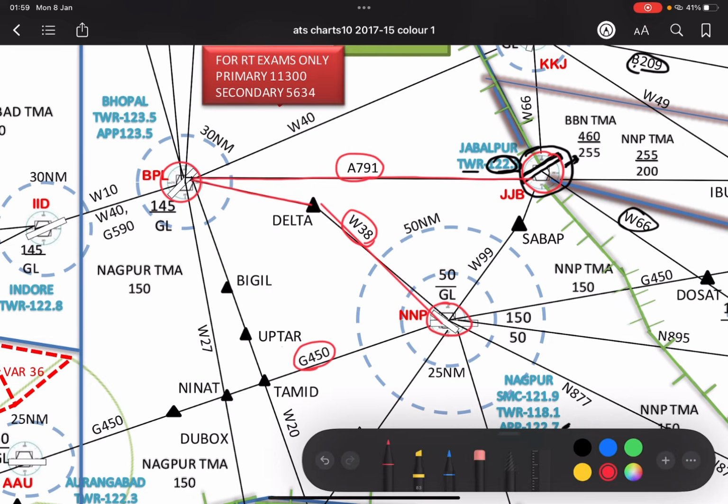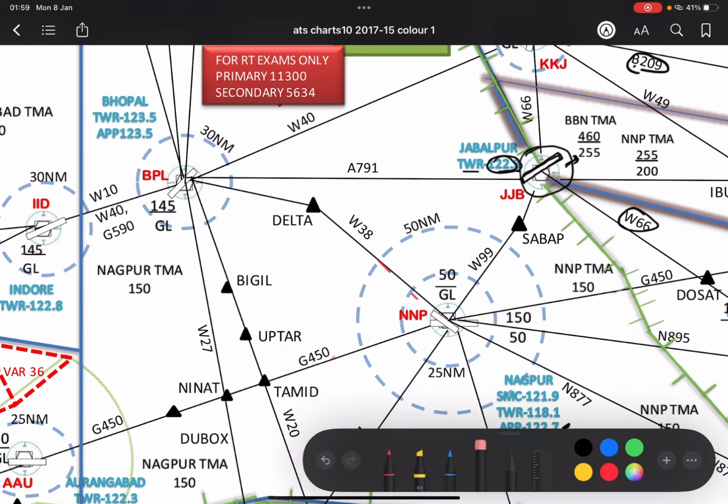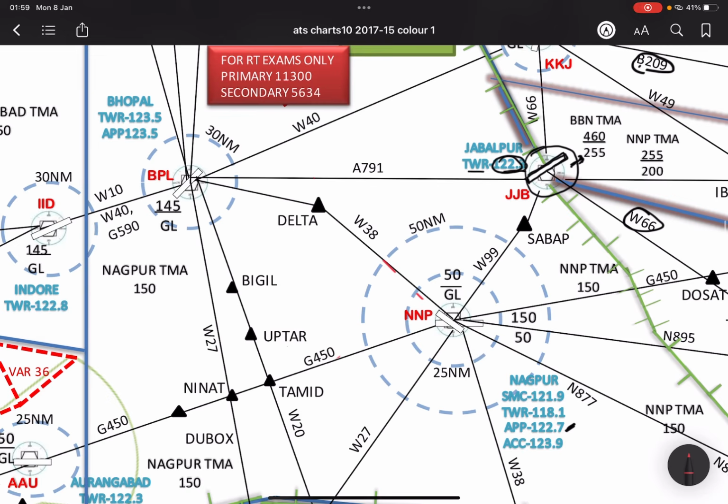Okay. Now, some places you'll notice we were talking about these 5-letter ones, right? Delta. Now these are mandatory reporting points. Okay. These are your mandatory reporting points or waypoints, and these waypoints are given 5-letter names. These are random names.